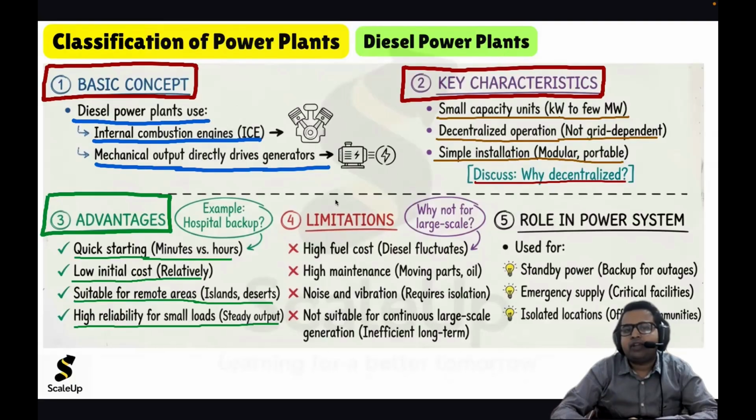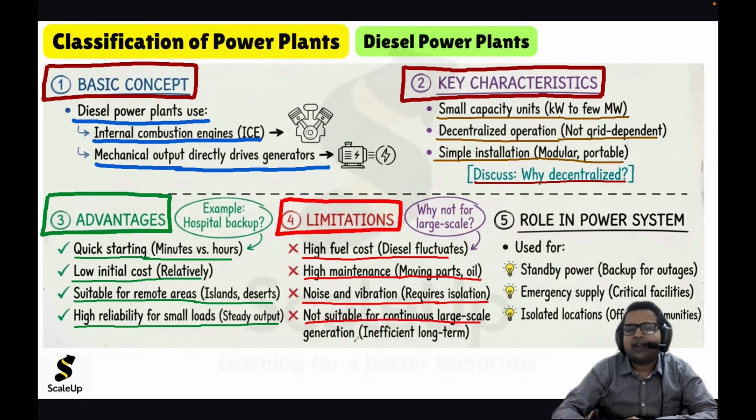If we talk about limitations: high fuel cost, because diesel is involved. The price of diesel keeps on fluctuating. High maintenance: moving parts, oil, maintenance is required. We have to maintain the generator. Noise and vibration, it requires isolation because this generator generates noise also. And it is not suitable for continuous large scale generation.